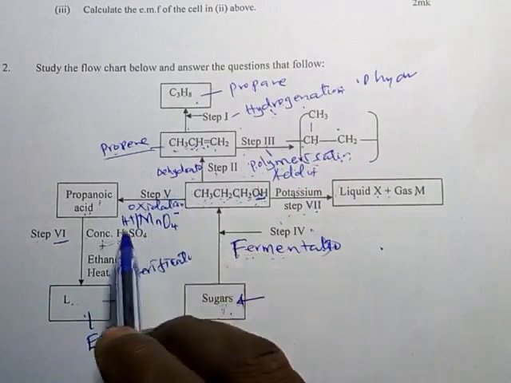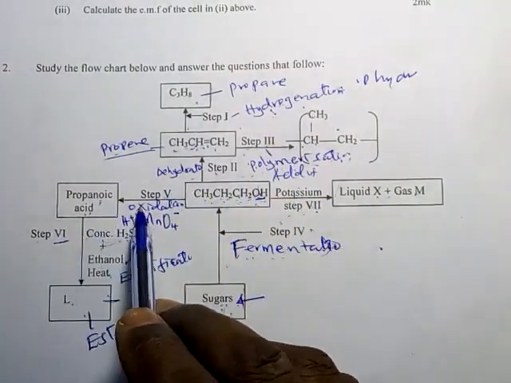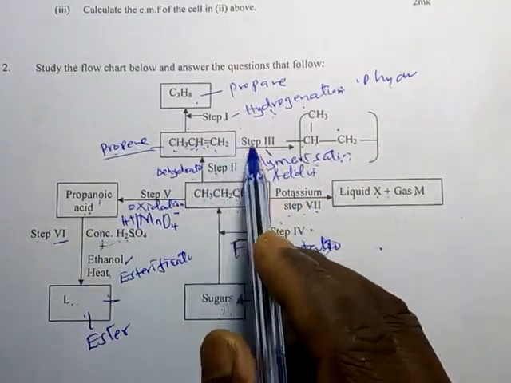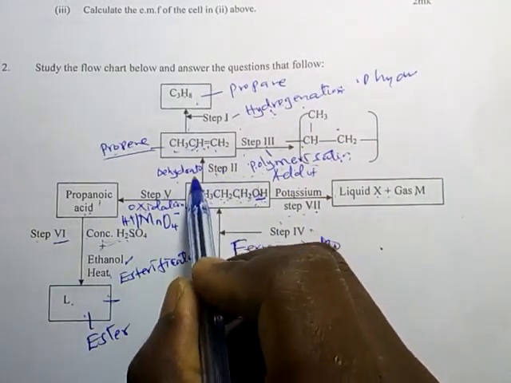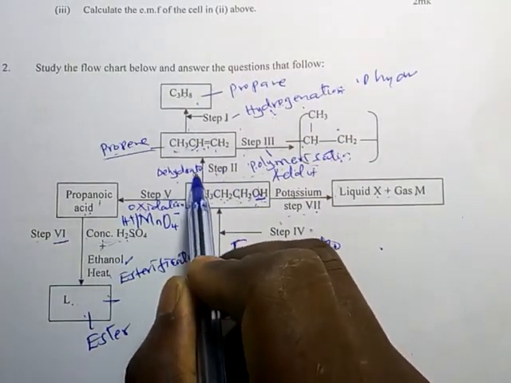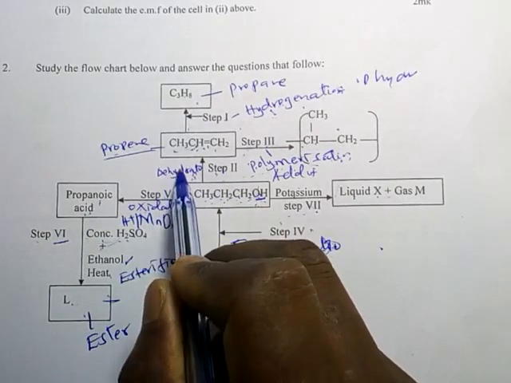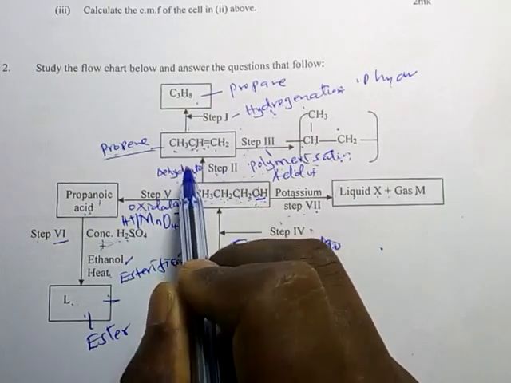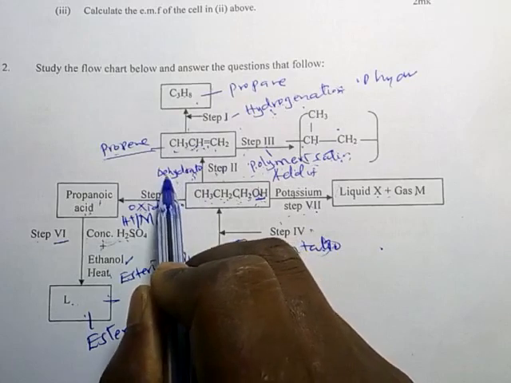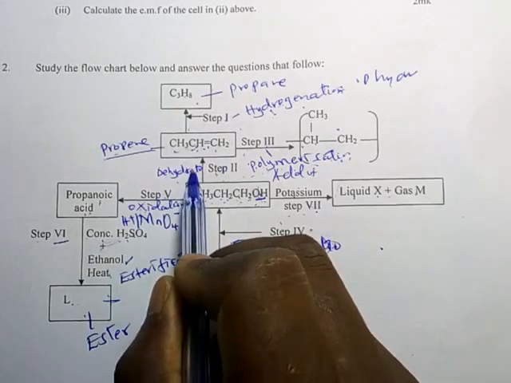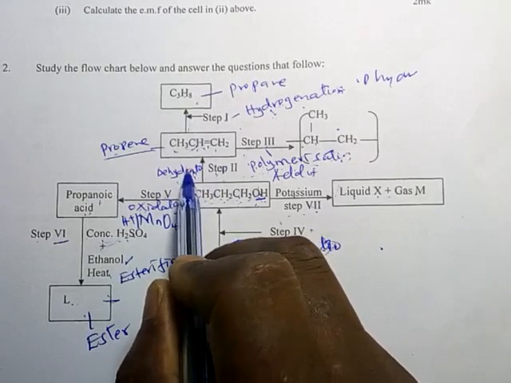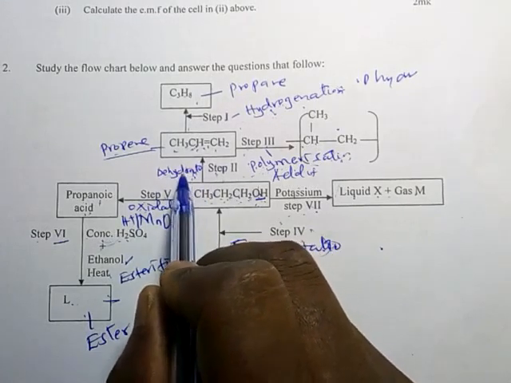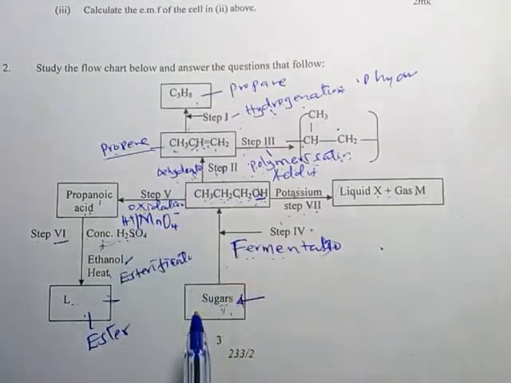The reaction in step 2, where is step 2? Step 2 is dehydration. We did that. Dehydration is the removing of water, therefore it requires concentrated sulfuric acid and a temperature of between 160 and 180 degrees Celsius.